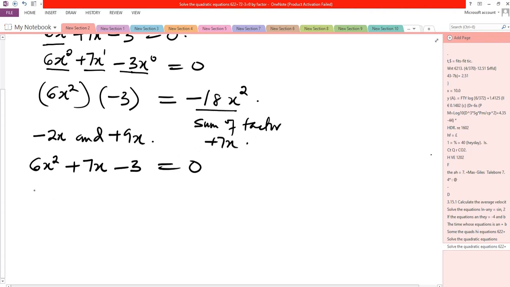So to simplify this quadratic equation, we say 6x squared, and now we use the sum of these two factors to represent this: minus 2x plus 9x, minus 3.